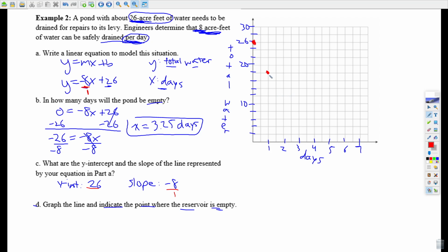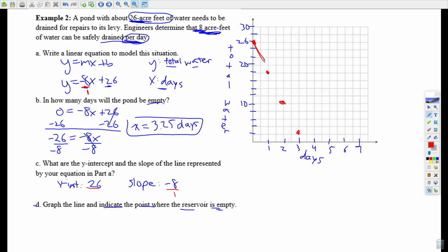So 2, 4, 6, 8, and then over. Then go down again. 1, 2, 3, 4. That'd be 2, 4, 6, 8. Over another one. And I don't think we have enough space to do another dot. So if we connect these dots as best we can.